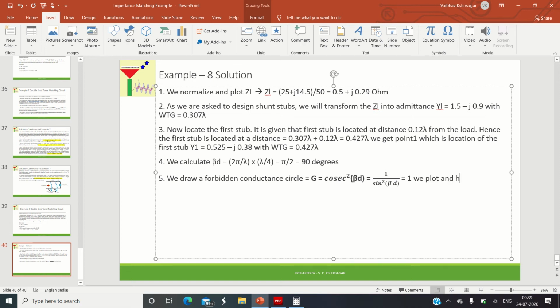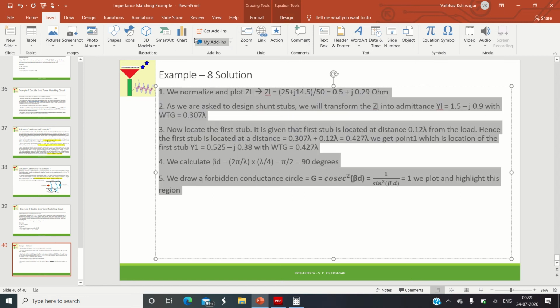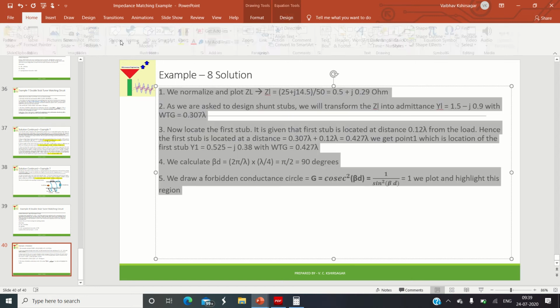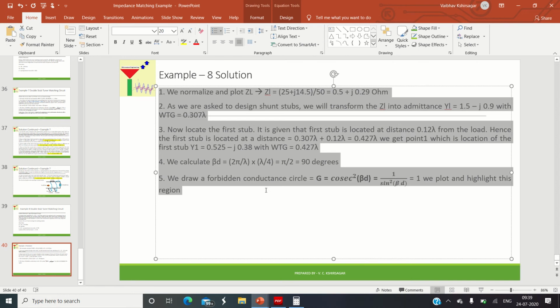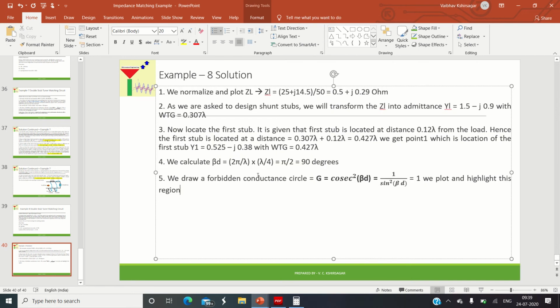So here we plot and highlight this forbidden region with some suitable color. We calculated cosec square beta D, 1 upon sine square beta D, and for the forbidden conductance region we have got a normalized value of 1.